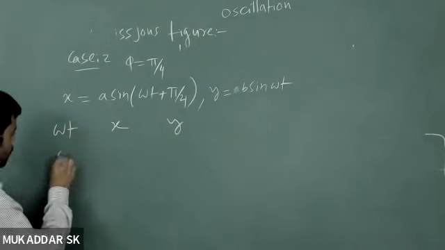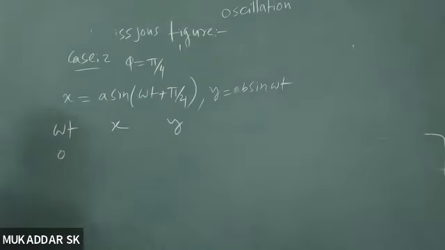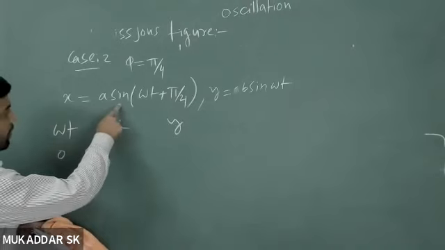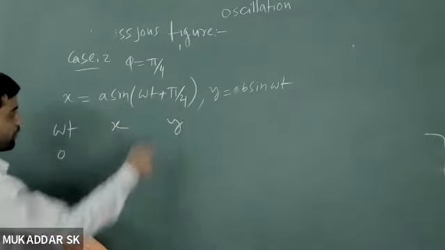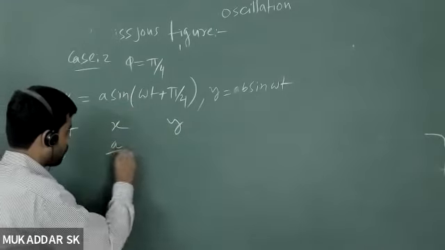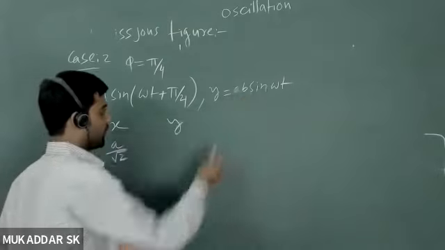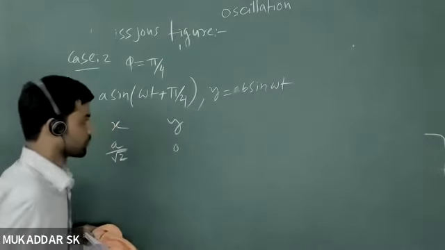So when omega t is 0, that means at the initial state, what will be the value of x? You can see here, a sine of this part is 0, a by root 2. And y will be 0 because sin omega t is 0.